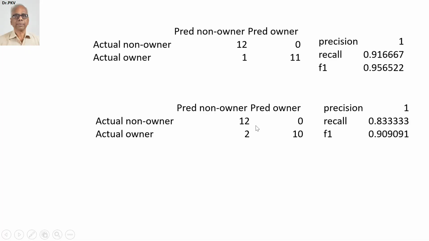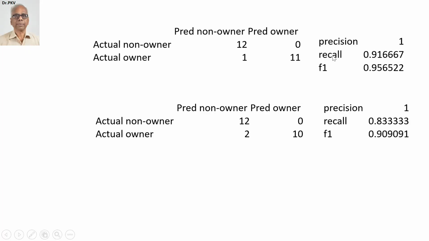And therefore, the accuracy in this case is 23 upon 24, which is pretty good. If you use a simple calculator, I haven't done that because I'm interacting with you. So 23 divided by 24, the overall accuracy in the first case of the Gini is about 96%. And in the second case, it is 22 divided by 24, about 92%. So it's 96 versus 92, which is overall accuracy.